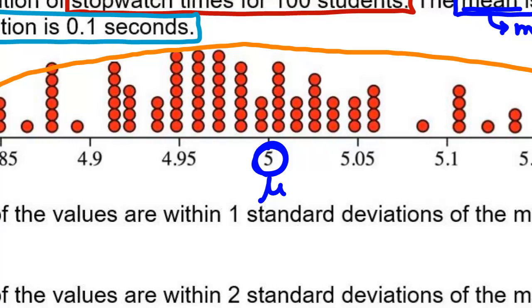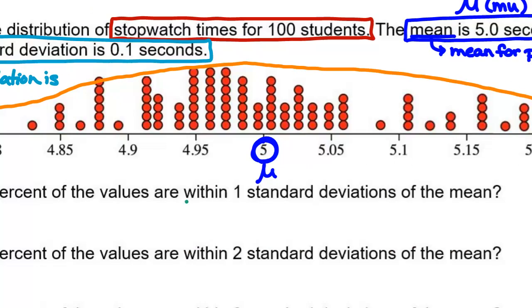I want to figure out what percent of these values are within one standard deviation of the mean. So I'm going to add and subtract the standard deviation to the mean so that I can go out on either side, both below by one standard deviation and above by one standard deviation.